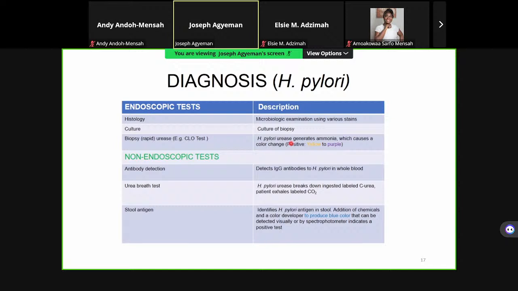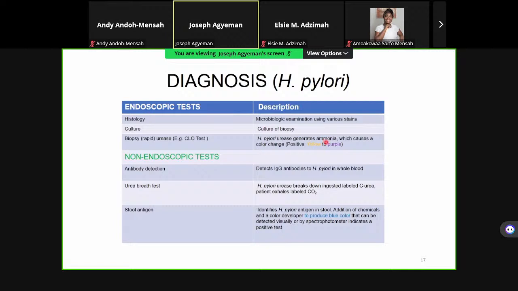When you put your sample on the test kit that contains urea, if truly H. pylori is there and the urease enzyme is also there, then the urease enzyme will break the urea, which has been incorporated into the test kit, into ammonia and carbon dioxide.